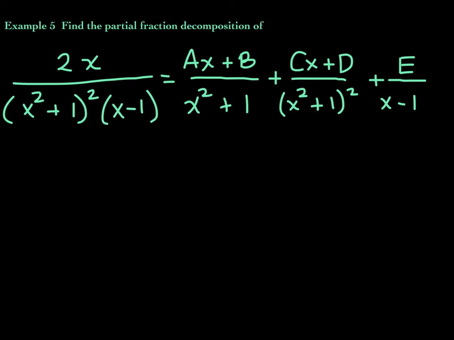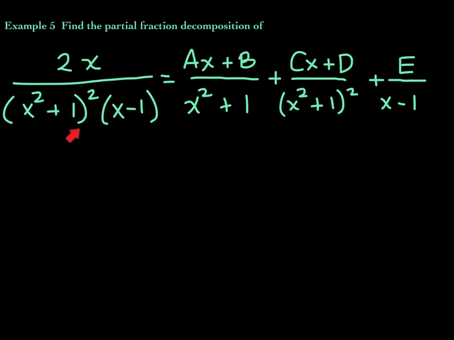So as always, we're looking for what these constants are. We are looking for A, B, C, D, and E. We have 5 unknowns. What we're going to do here is the same thing that we've done for all of the examples: multiply both sides by the LCD. The LCD is simply this complete denominator.